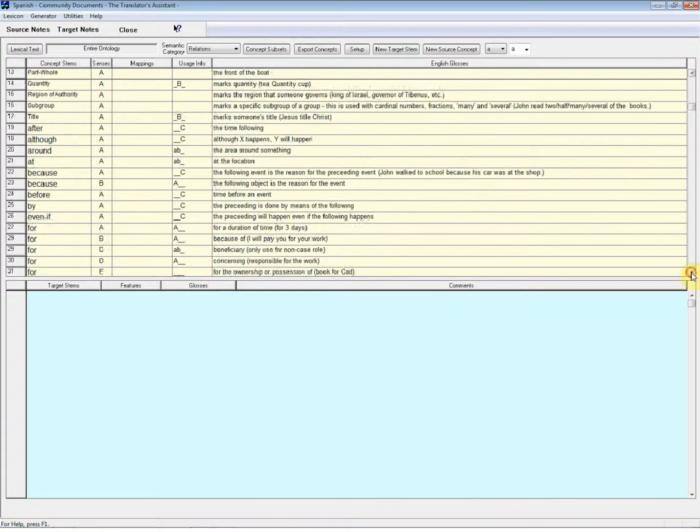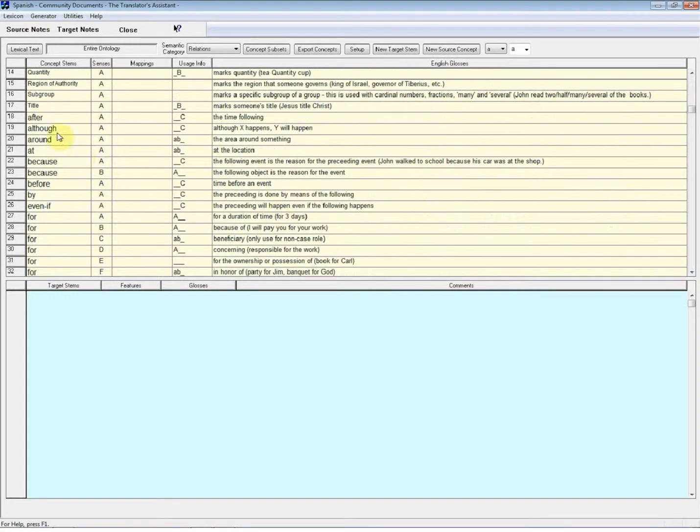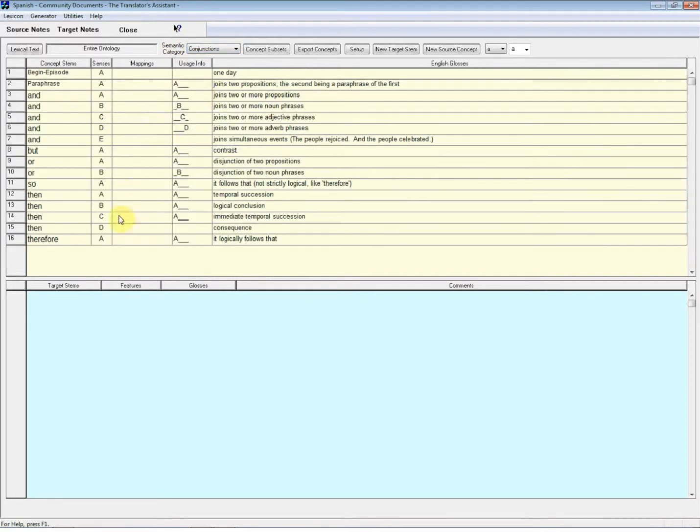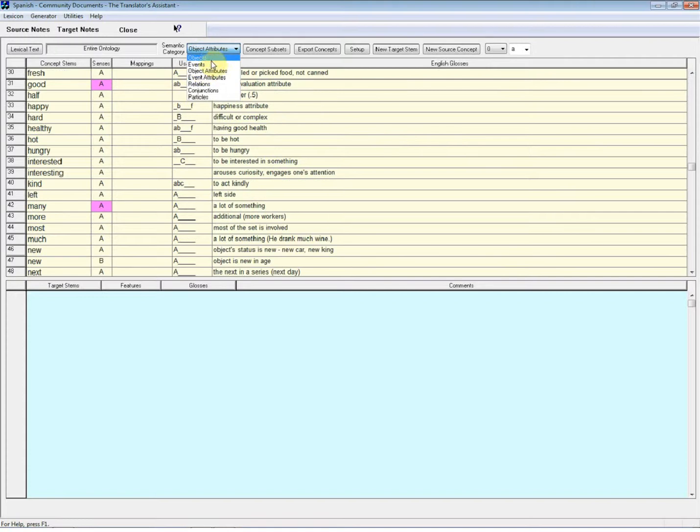We have a lot of these fors, again, temporal ones, beneficiary, etc. We have conjunctions that we use. These are an attempt to put some sort of discourse grammar into semantic representations. And again, in the course of defining your language, you're going to have to go through and say how we implement all of these.